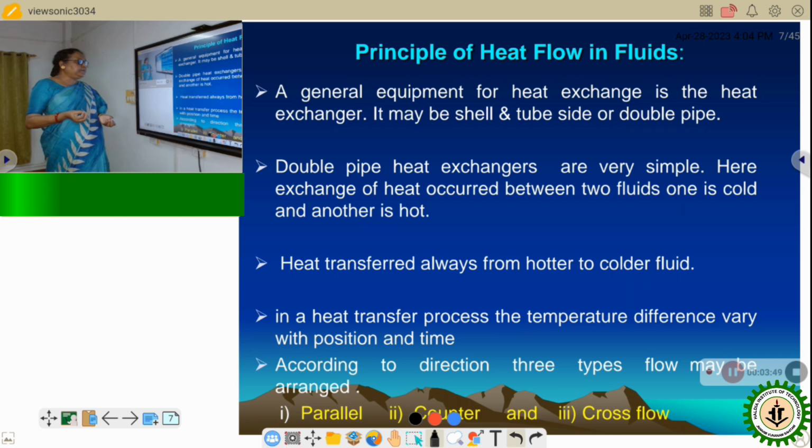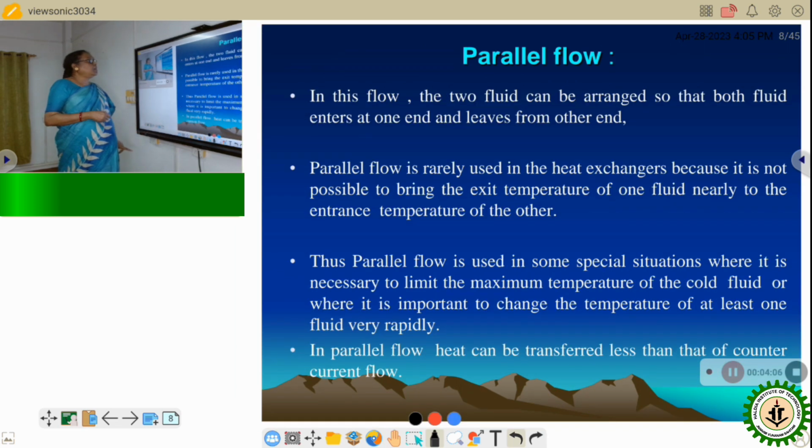In the heat transfer process, the temperature difference varies with the position and the time. According to the direction, three types of flow may be arranged. One is parallel, another is counter, and the third one is cross flow. In the parallel flow, the fluids can be arranged so that both fluids enter at one end and leave from the other end.